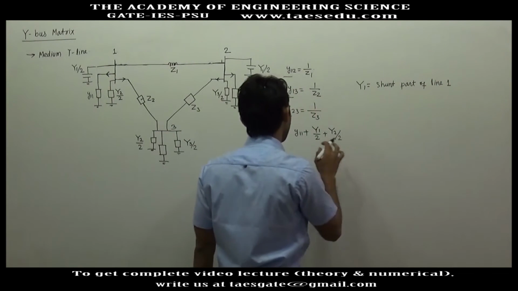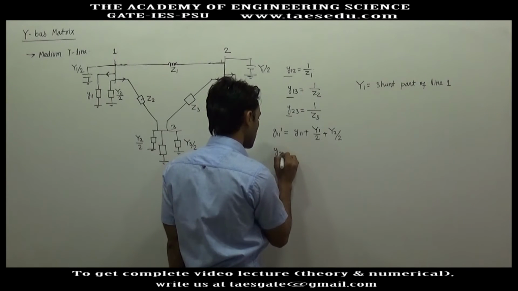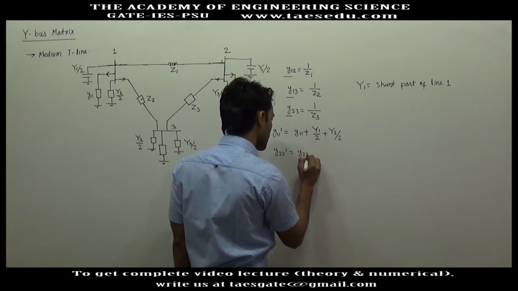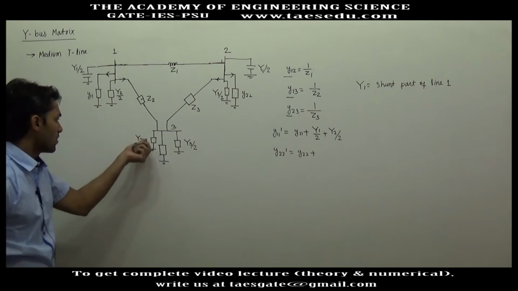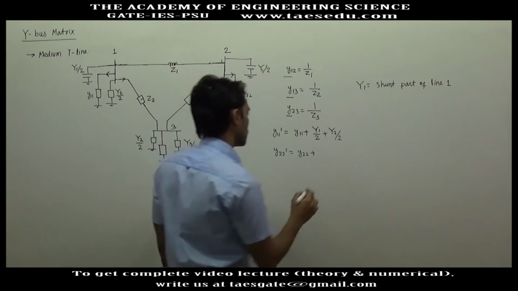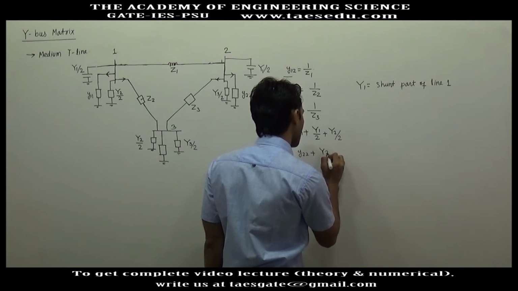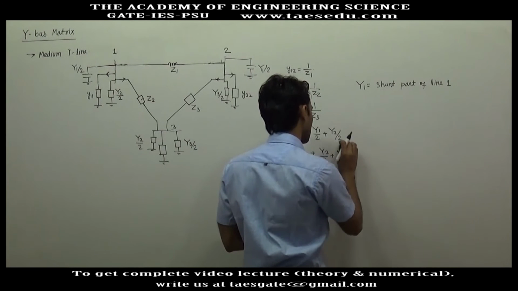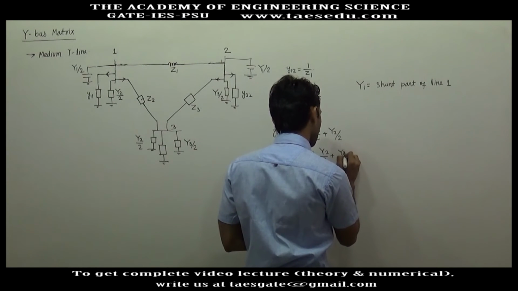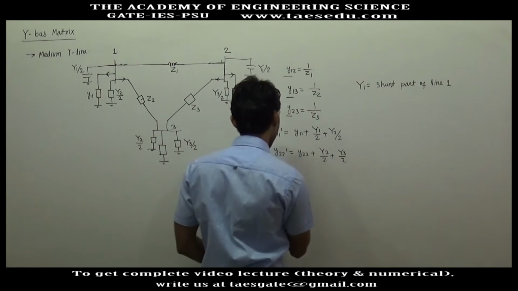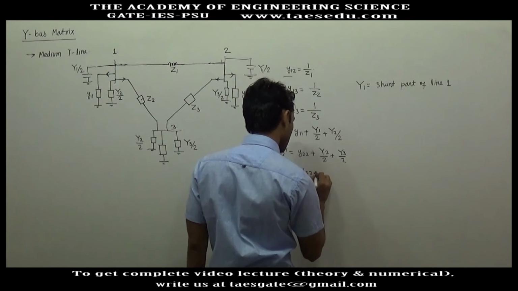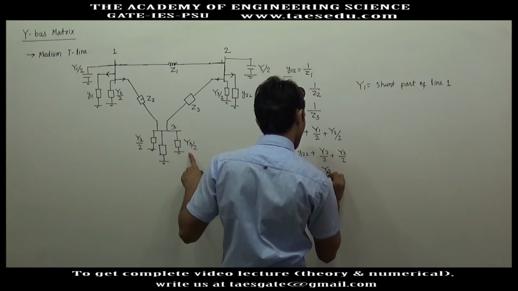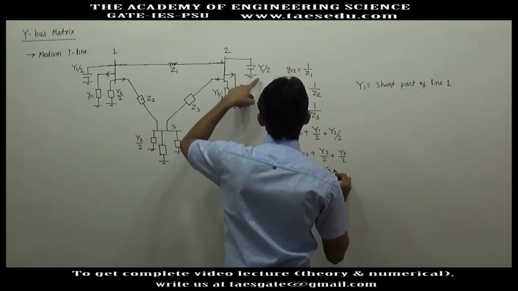And similarly for bus 2, Y22 dash will be the original shunt part plus Y2 by 2 plus Y3 by 2, and Y33 dash will be Y33 plus Y3 by 2 plus Y1 by 2.